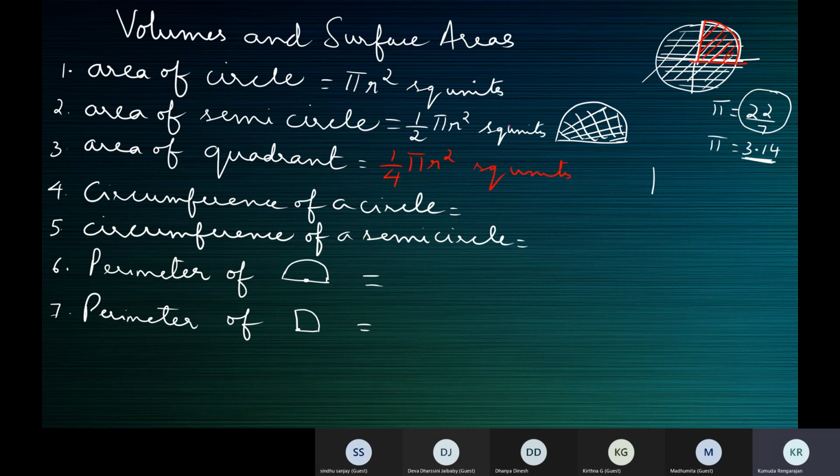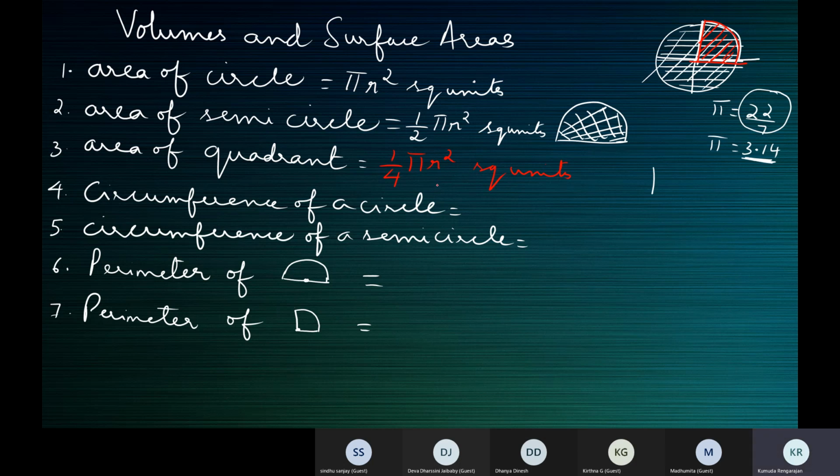Whatever is the area pi r square, when you multiply by 1/2, it means you're dividing by 2. So half pi r square is the area of a semicircle. 1/4 pi r square is the area of a quadrant.